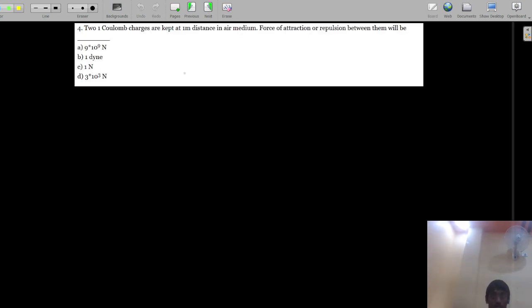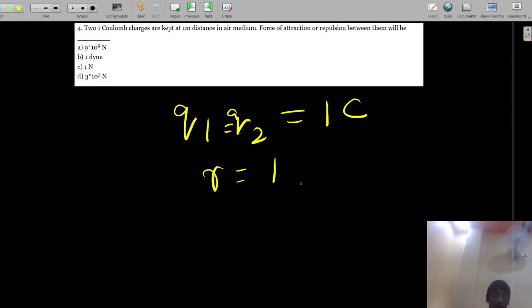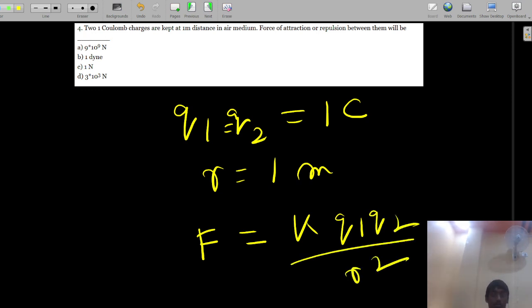Okay, and we will take one small basic question. The two charges, q1 and q2, are equal and each is 1 Coulomb, and they are placed 1 meter apart. So the force between them is equal to k q1 q2 by r square.